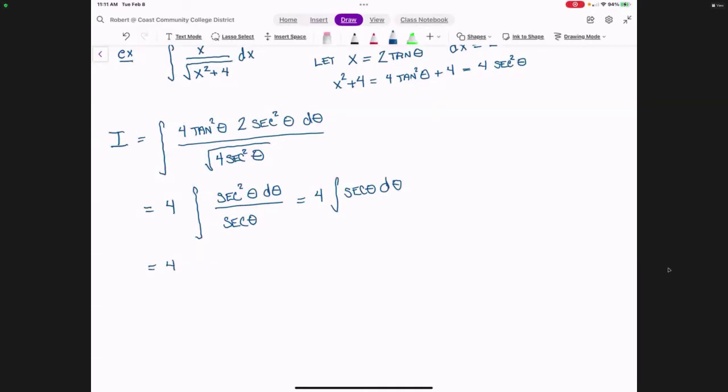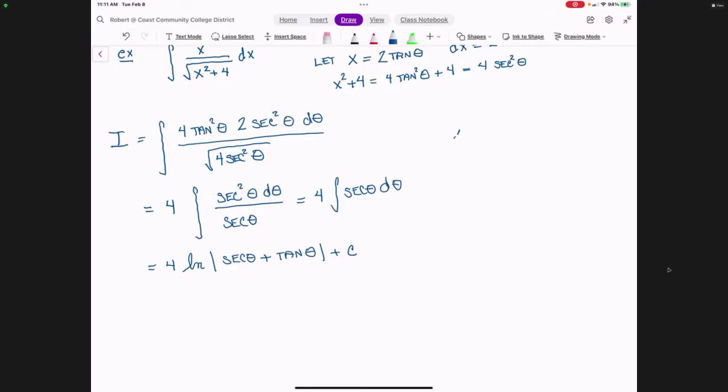It's equal to 4 natural log of secant of theta plus tangent of theta plus constant c.